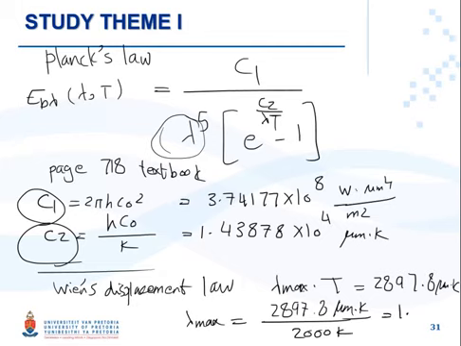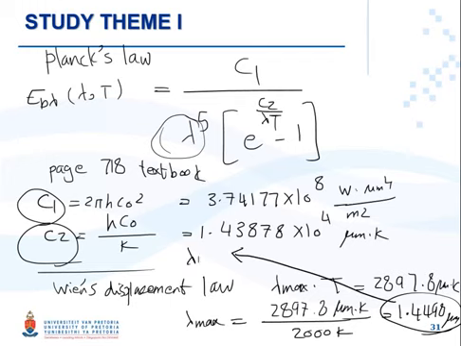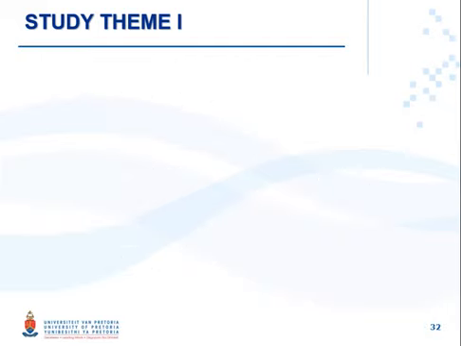So it's equal to 1.4498 micrometer. We put this one into the equation. So we have lambda max, we have C1, we have C2. We can calculate the spectral black body emissive power.